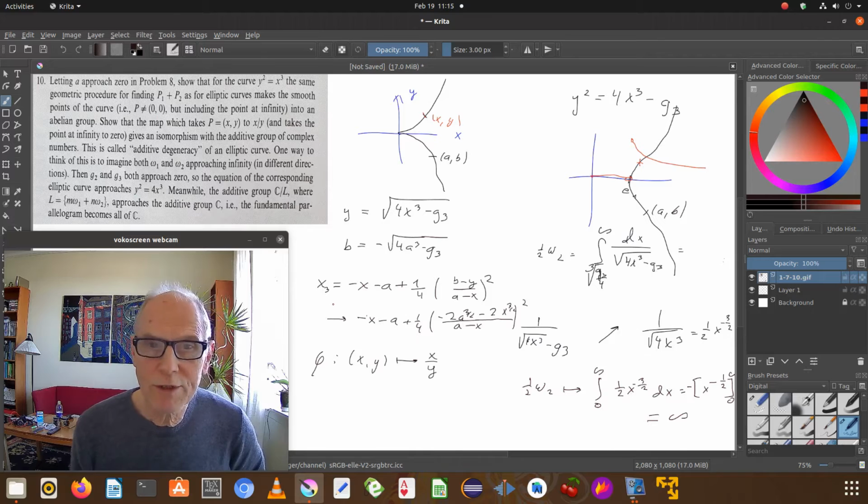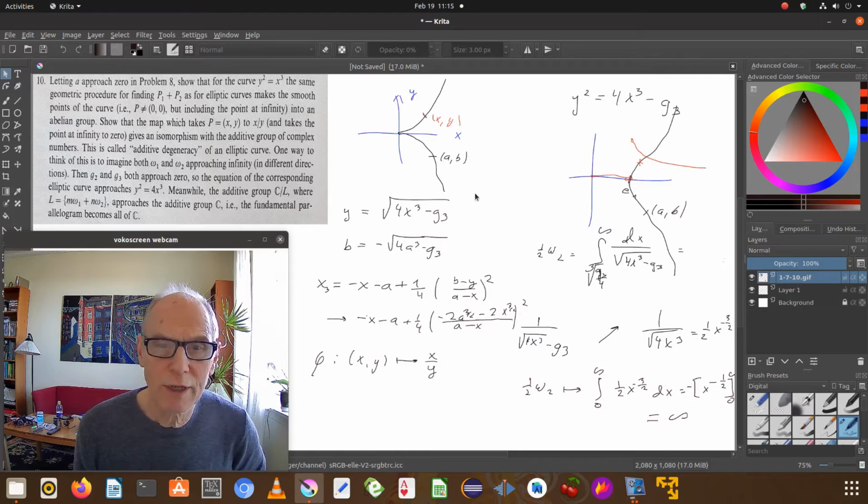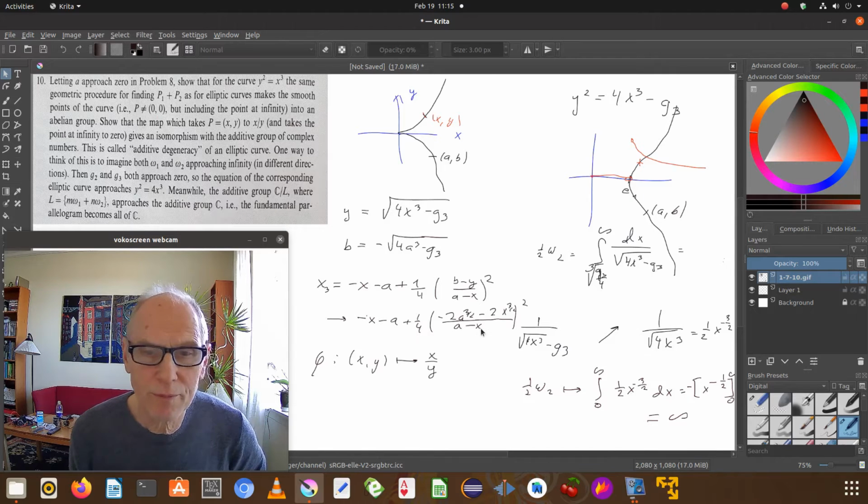So we have to see the original points, these 2 points, they map to what, and the result maps to what. So I need to reduce this.